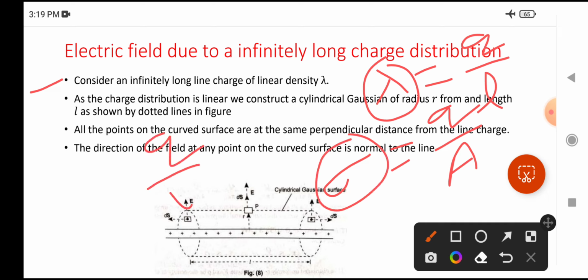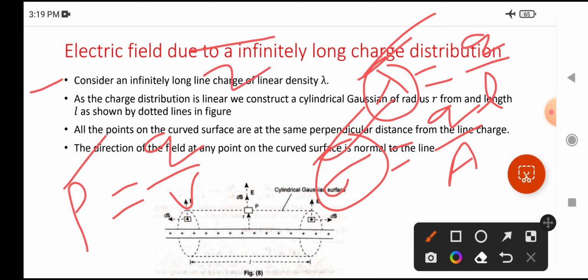Charge per unit volume is denoted by rho, and it is called volume density. So there are three different types of densities: linear density, surface charge density, and volume charge density. Depending upon the dimension, whether it is one dimension, take lambda; two dimensions, take sigma; three dimensions, take rho.